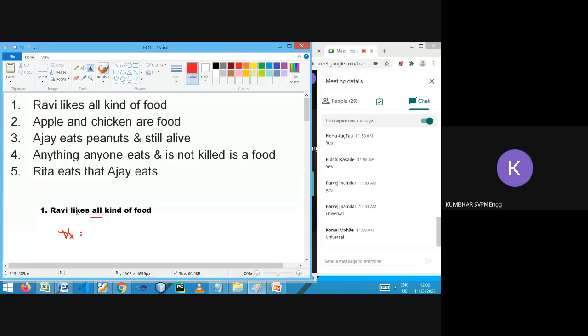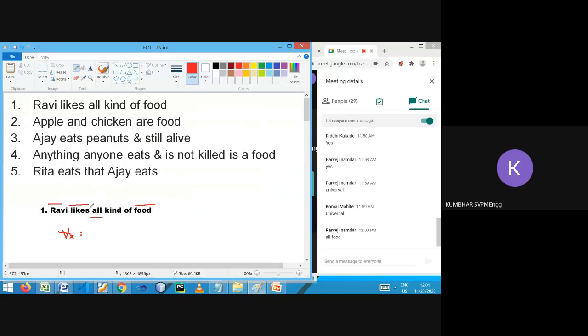So we want to find out what Ravi likes. And what is it? Food. And the universal quantifier all is what? All Ravi or all food? See here the predicates we can have. We can make Ravi a predicate, likes a predicate, food a predicate.